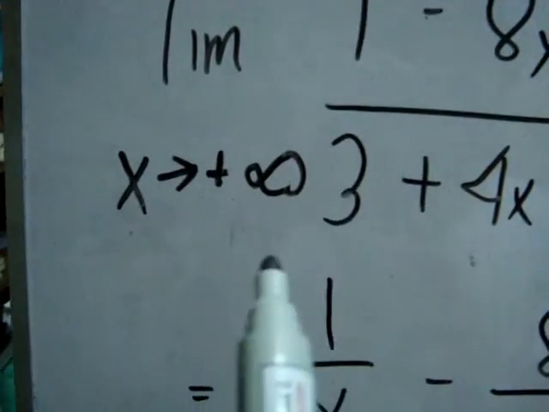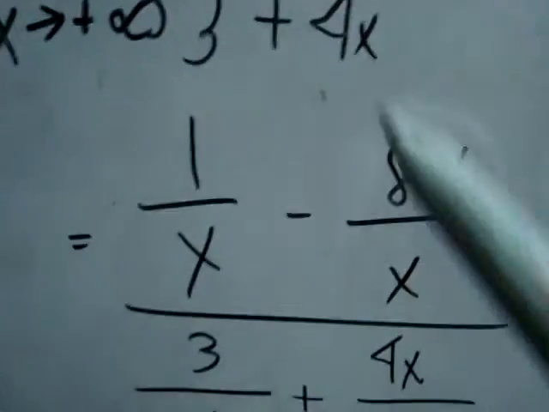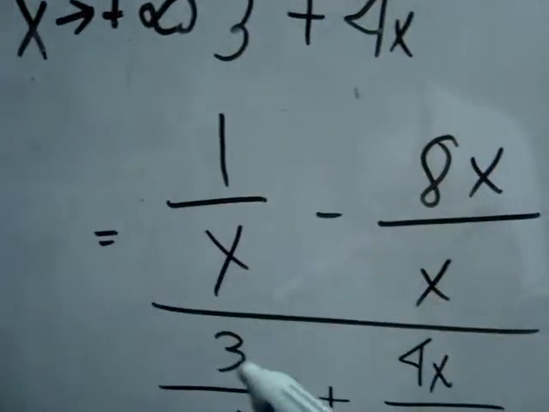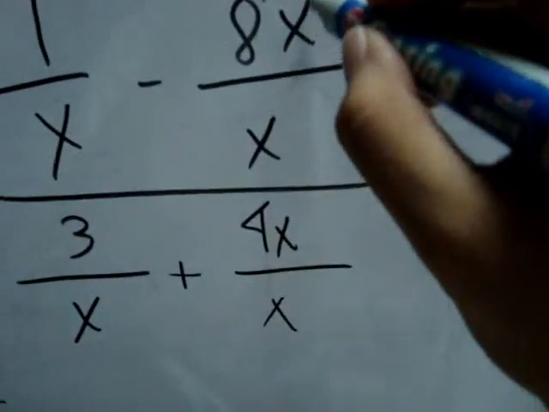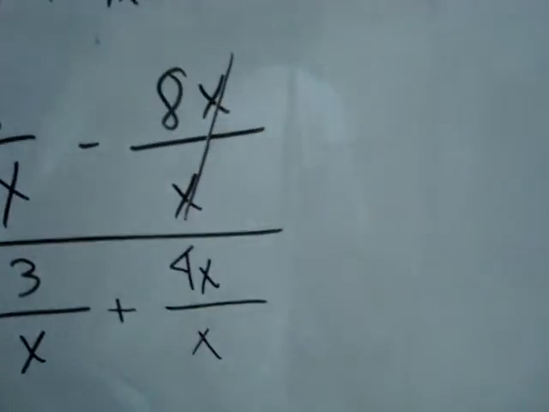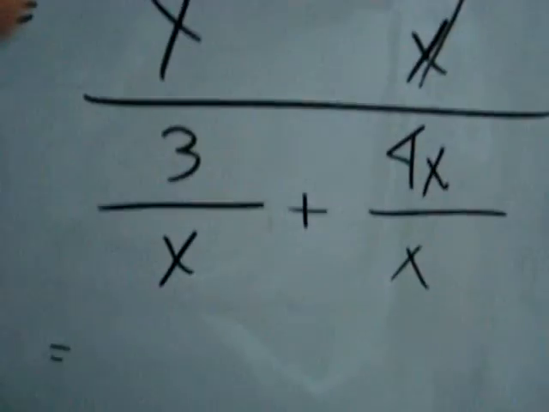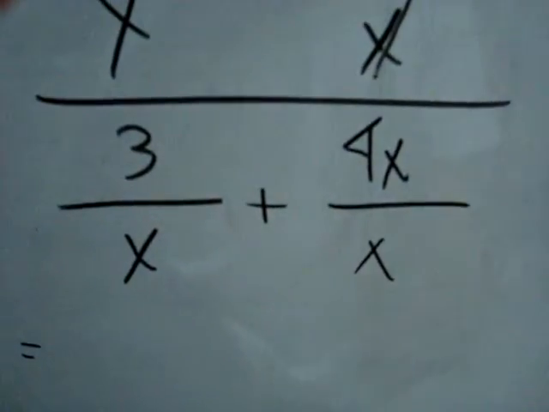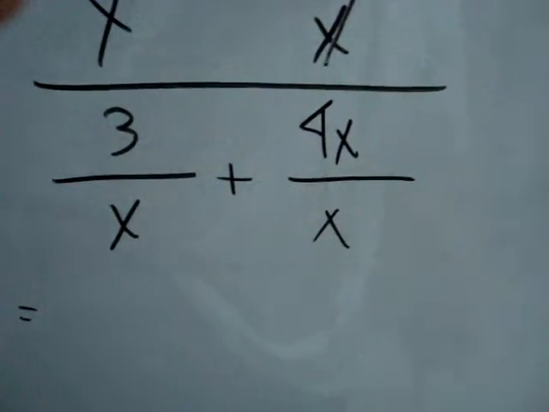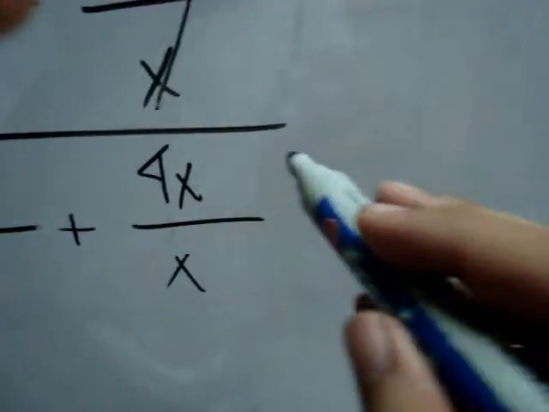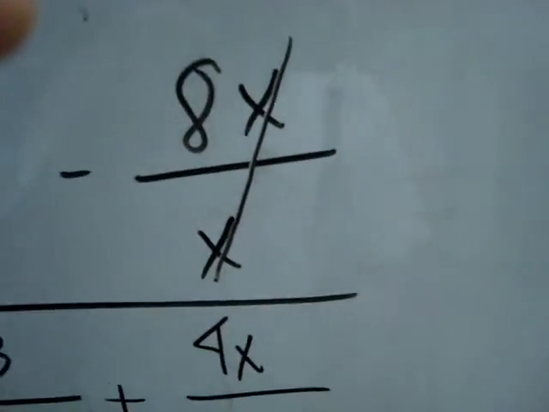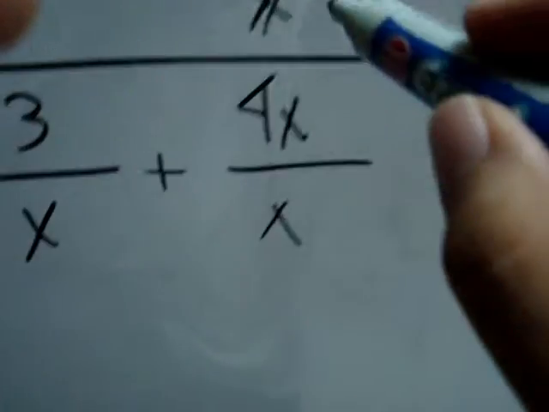As you can see, x approaches infinity, so we have this 0 already, while this we have to cancel there, x. Same goes from below. We have x as the denominator. From here, like I did in the 8x over x, I'll cancel down the x.